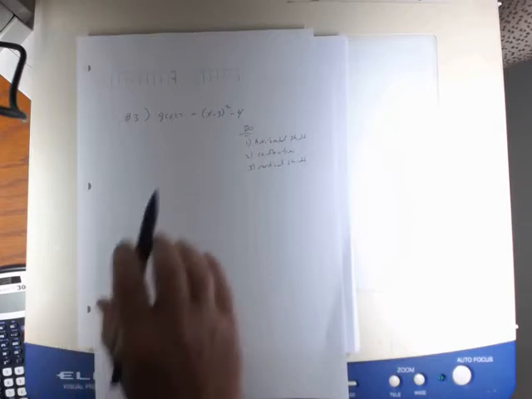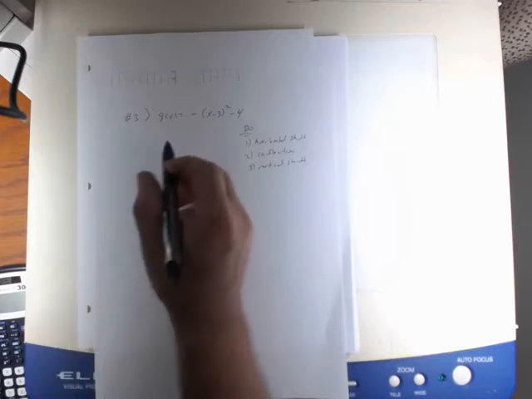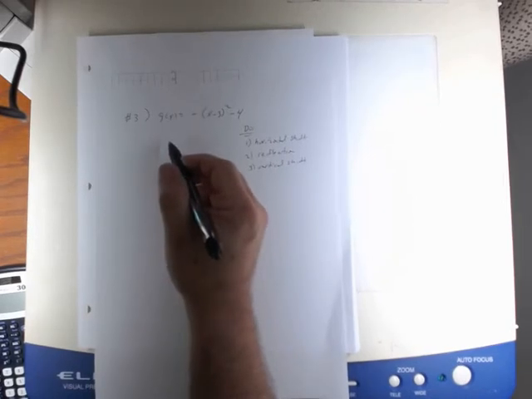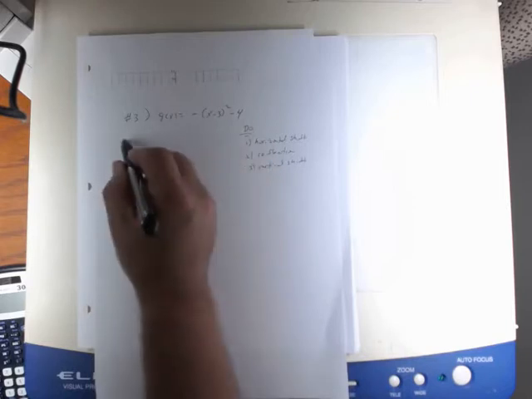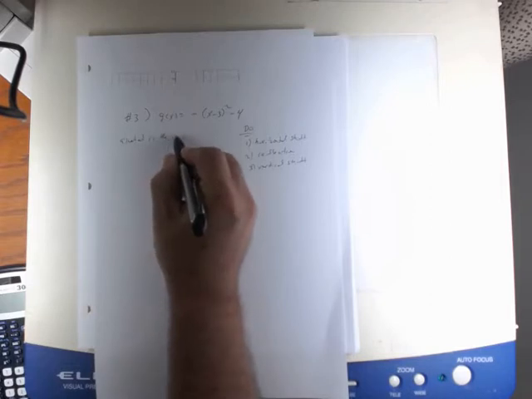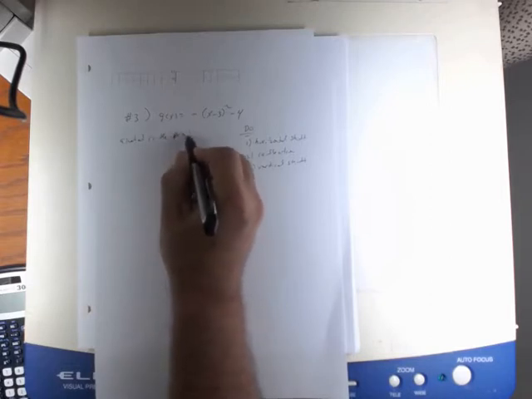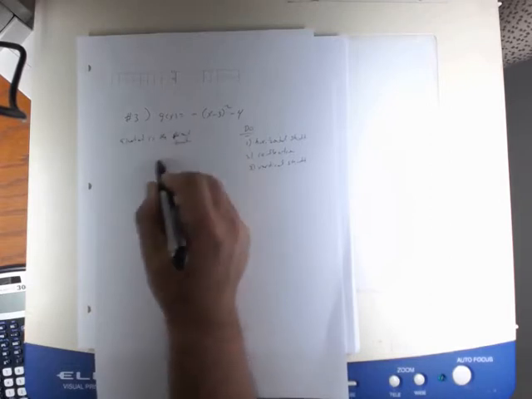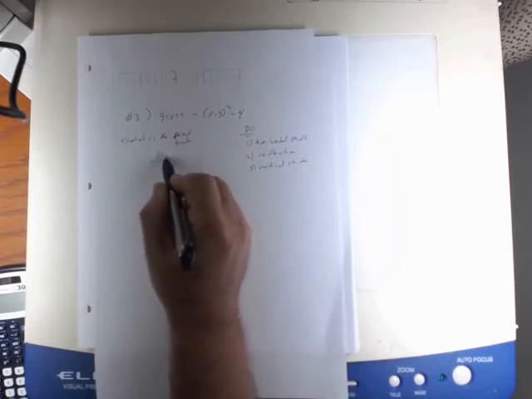Okay, now on the worksheet, if you look at the worksheet that you picked up, what was the first one? It said something about state the parent function. What is a parent function? So what is the parent function? All right, but don't just say x squared, you got to say f of x equal what?